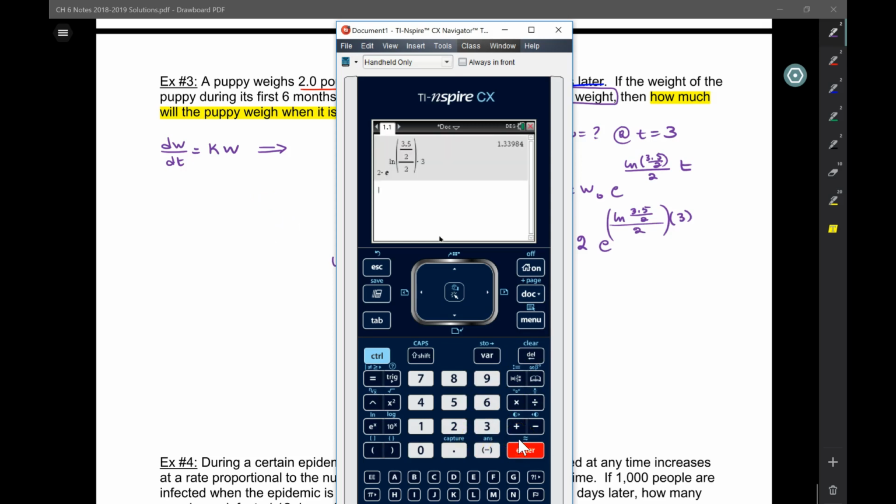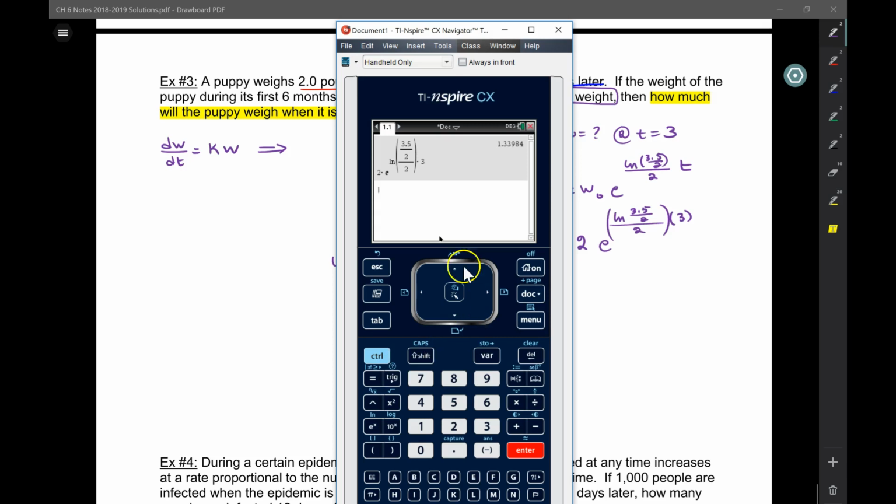Look, that's how it looks. Is that right? The ln is right still. You're taking ln of 3.5 over 2, then dividing that by 2, then multiplying. Just ln of the numerator.